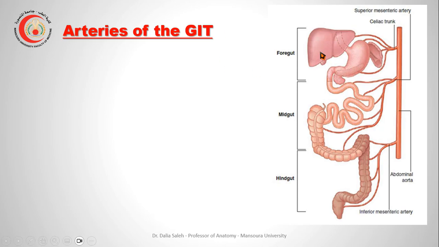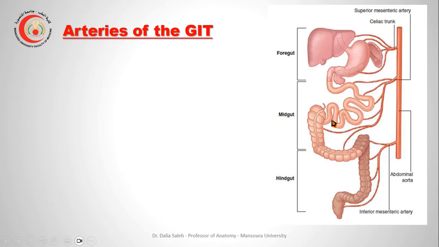We have the liver, the gallbladder, the spleen, the pancreas, body, tail, and the upper part of the head of the pancreas.